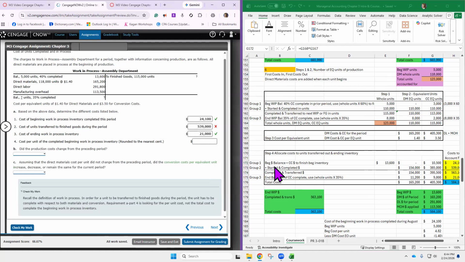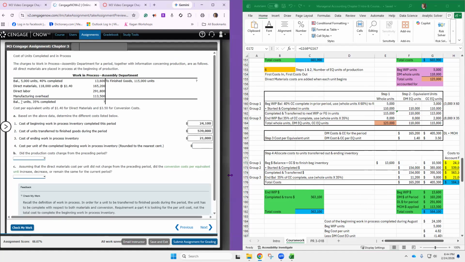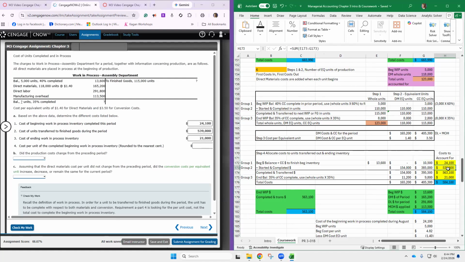Oh, hold on. I've got to fix something. Let me see what I have done. This isn't started and completed. This is cost of units transferred. So be careful, I misread it.